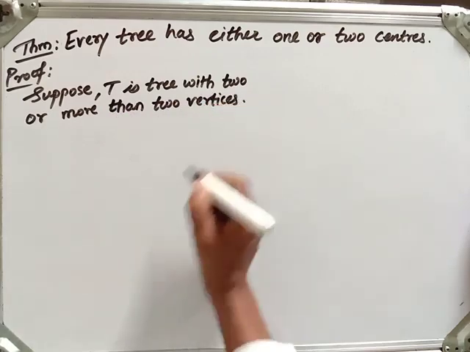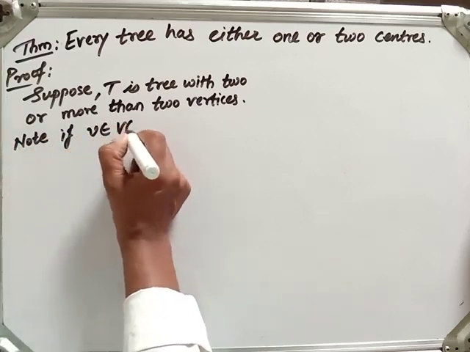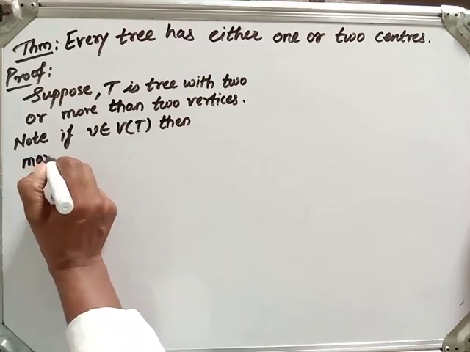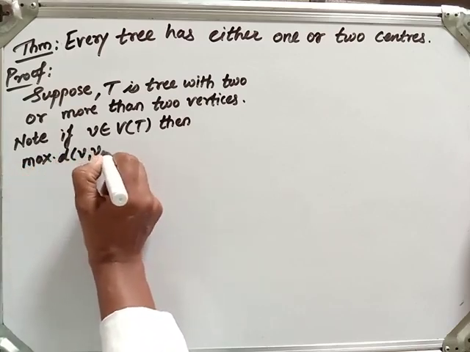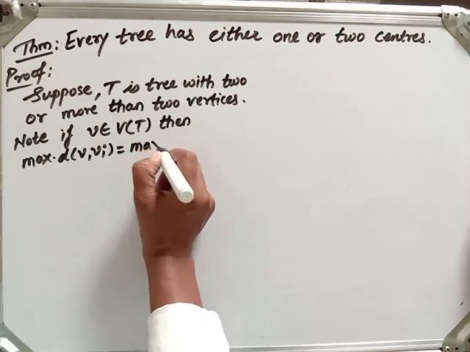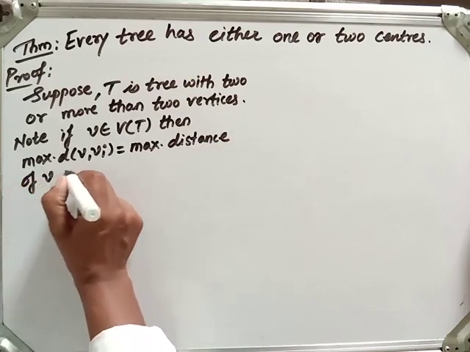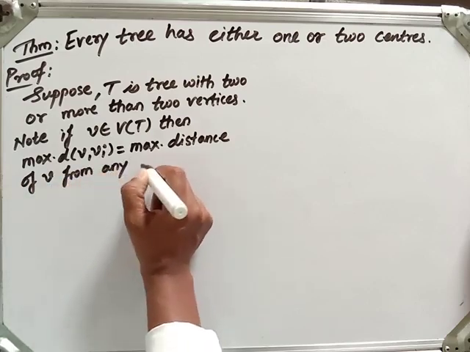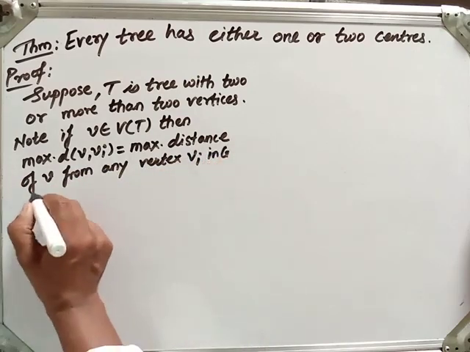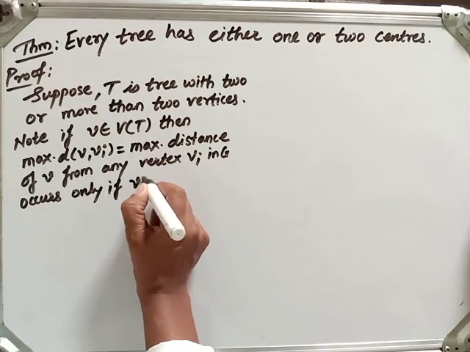First of all, let's see about the center. Now we should note, if V belongs to the vertex set of T, then the maximum distance of V from any other vertex Vi in G occurs only if Vi is a pendant vertex.